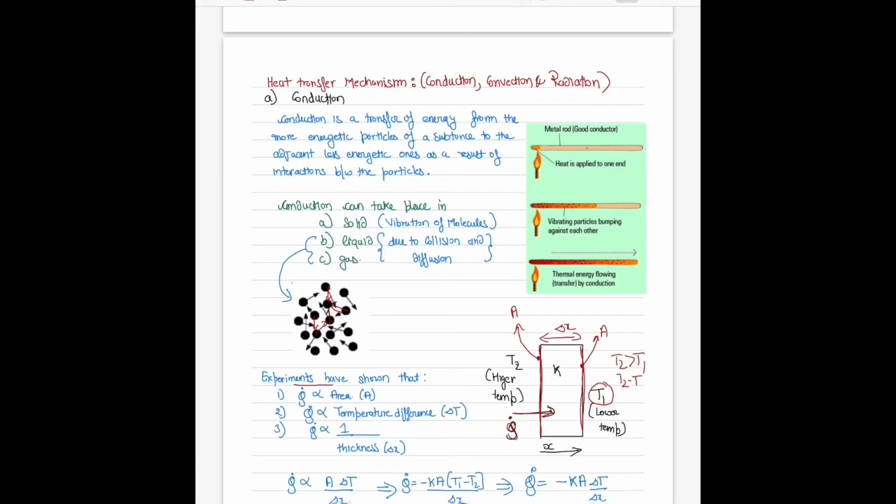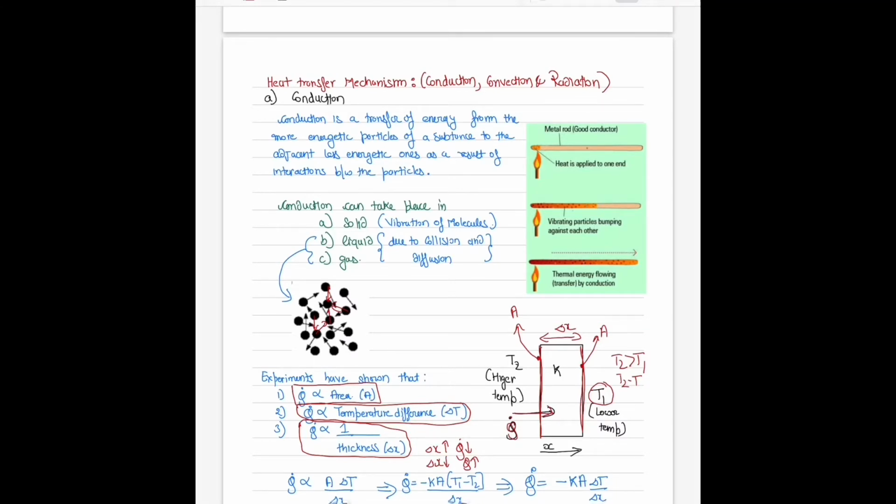It was observed that heat transfer was directly proportional to area and temperature difference, whereas it was inversely proportional to the thickness of the slab, which means if the thickness of the slab is higher, Q dot was lower, or if the thickness of the slab is lower, heat transfer was higher.